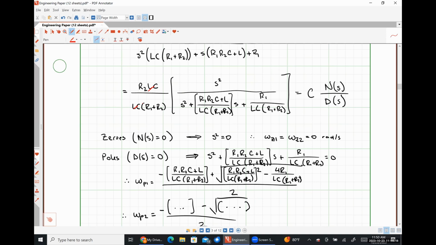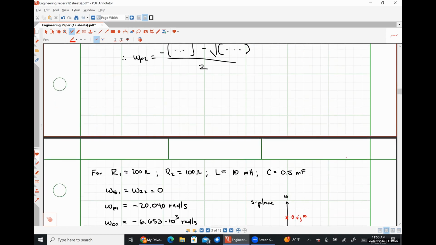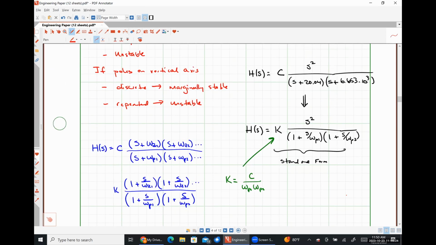So 200 over 300, that's easy enough, 2/3. Negative 20.04 and change, negative 6.653 times 10 to the third and change.